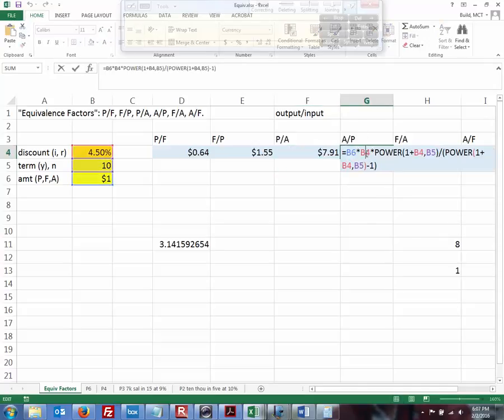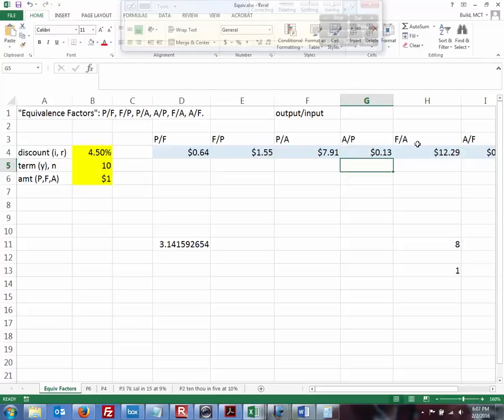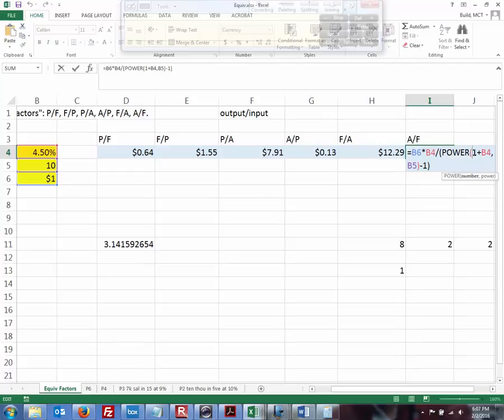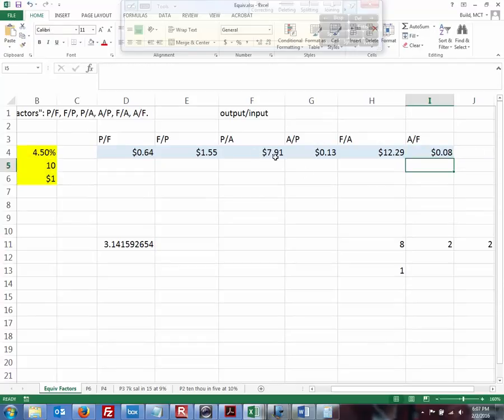This one's pretty involved too, but there's two separate power functions. This one's not too bad. This one's not too bad. The trickier ones are if you are working between an annuity and what the present value is.